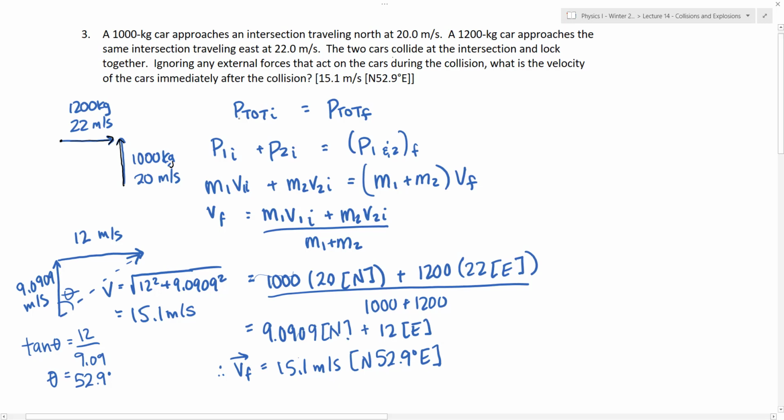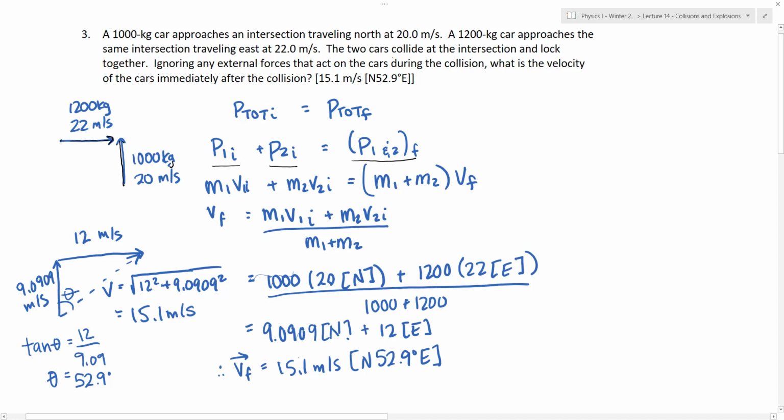I've started off by saying that total initial momentum is equal to the total final momentum. Now we have two objects, so we have momentum 1 initial plus momentum 2 initial is equal to the total momentum of the two cars, which are stuck together. The formula for momentum is mass times velocity.